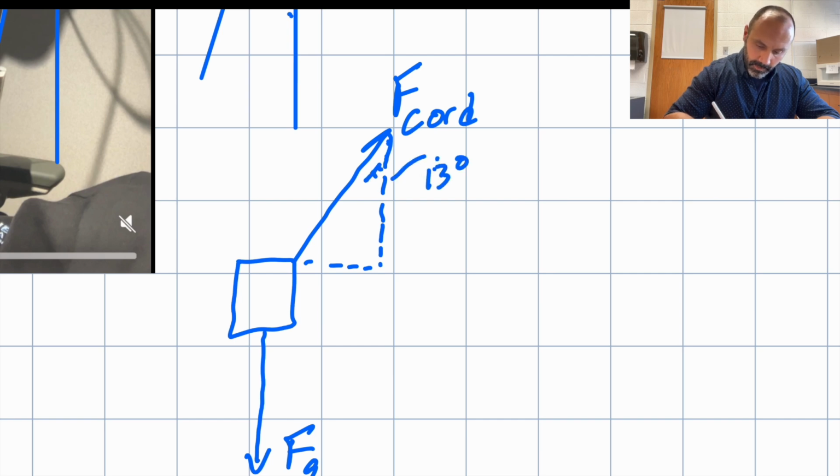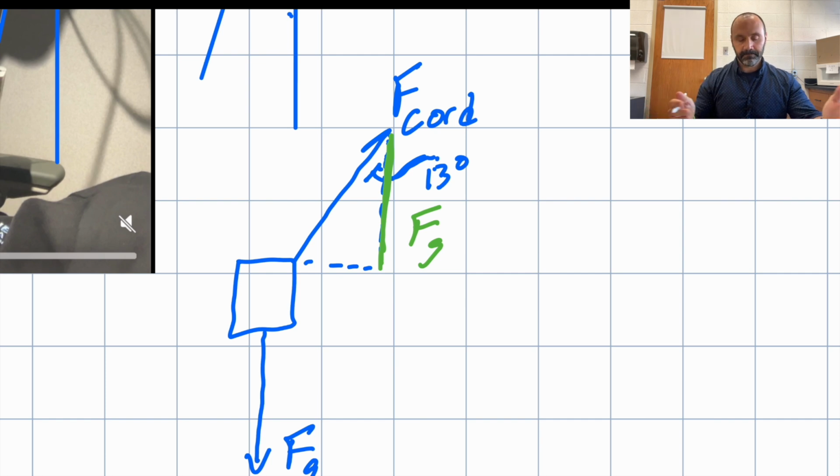The other thing I know is that this vertical component here is equal to the force of the Earth. It's the force of gravity, because there's no vertical acceleration. Now this horizontal component, that is what's accelerating the pendulum as it moves forward.